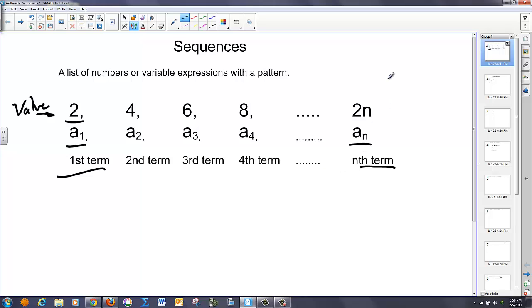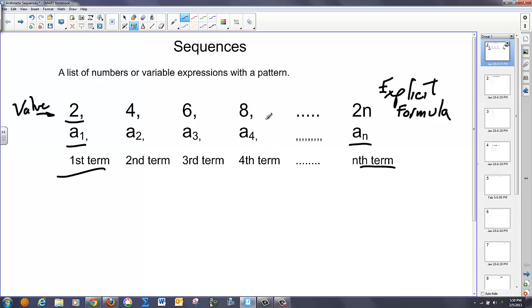And we have what's called an explicit formula. And what that does is it gives us a formula in which if we want to find any specific term in the sequence, all we have to do is take the subscript of that term, plug it in, and that will be the number.